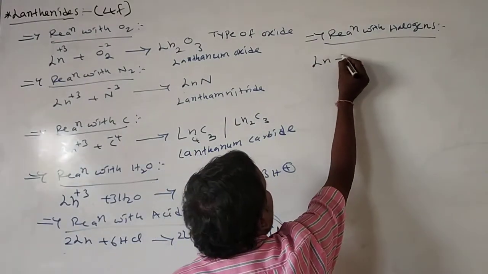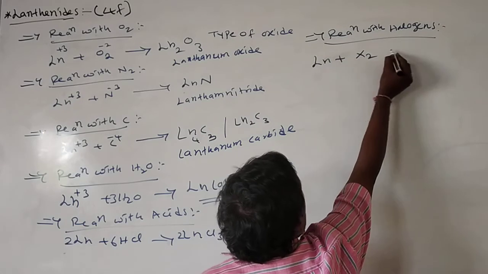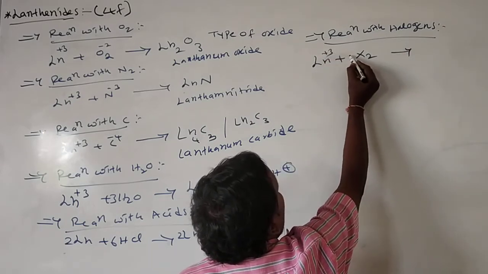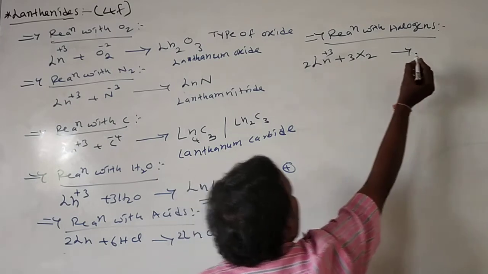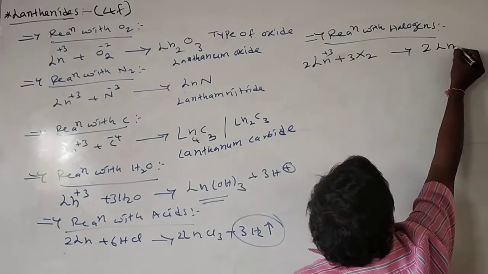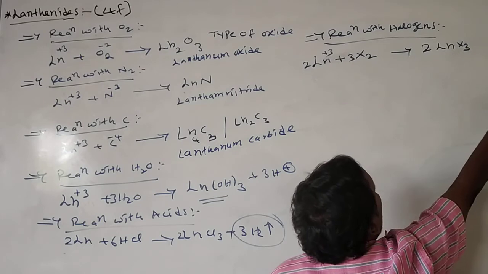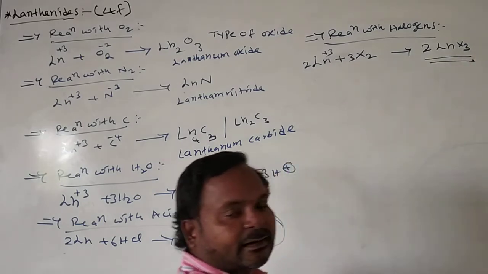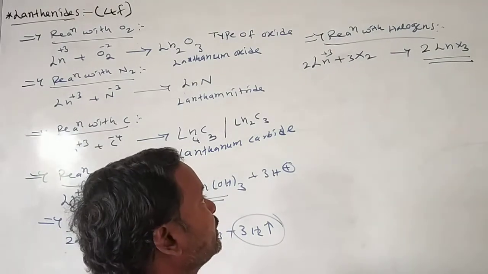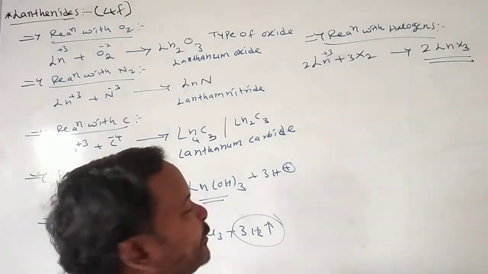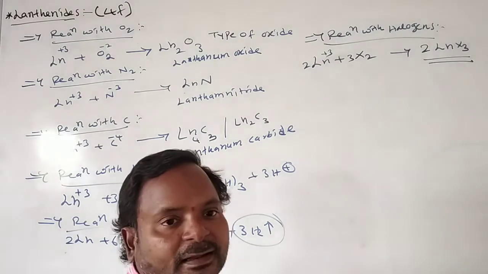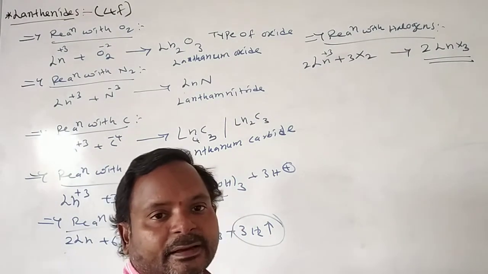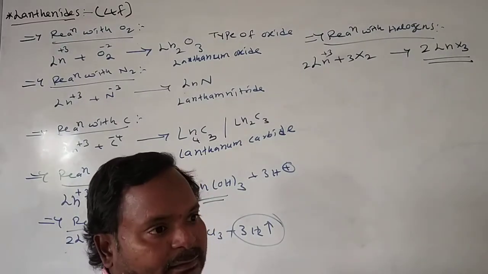Lanthanum +3 reacts with halogen, you take 3 moles of halogen and 2 moles of lanthanum and form 2 moles of lanthanum halides. LnX3 type lanthanum halides are formed. This is about the chemical properties of lanthanides, lanthanide contraction, general properties, chemical properties of lanthanum.